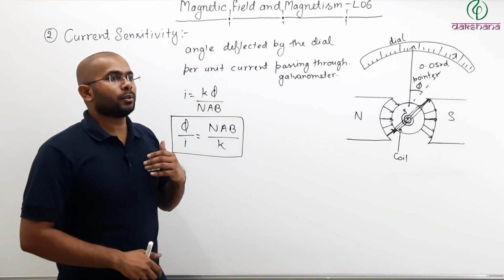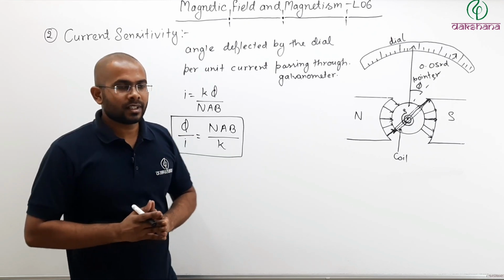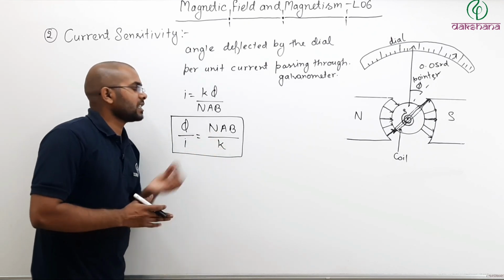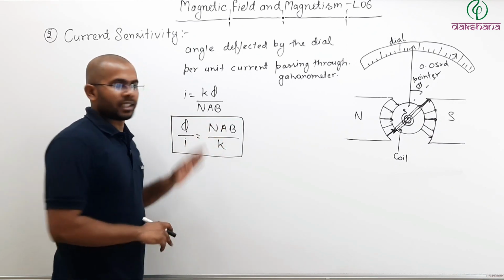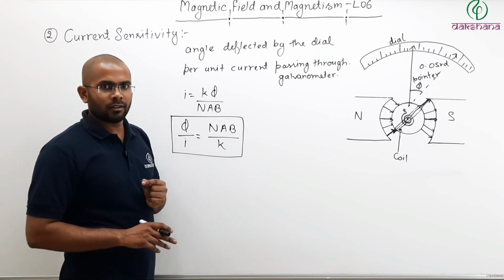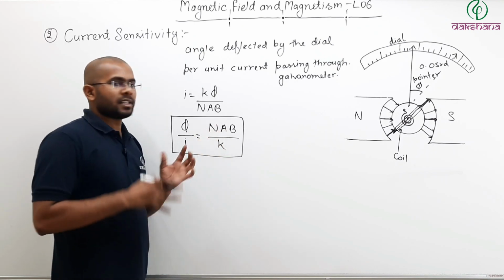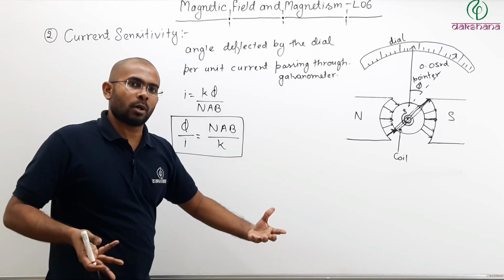So in order to increase the sensitivity, what we generally do is increase the number of turns in the galvanometer. You can increase the area, you can increase the field, or you can decrease the value of K, but increasing the area will increase the size of the galvanometer. That is problematic.